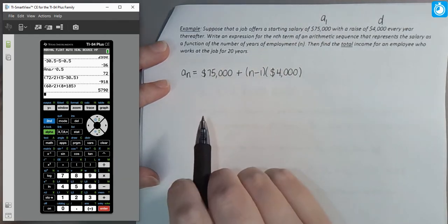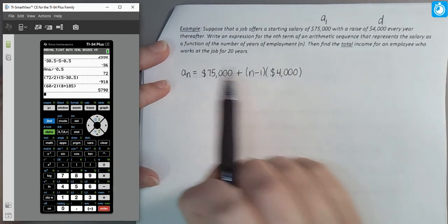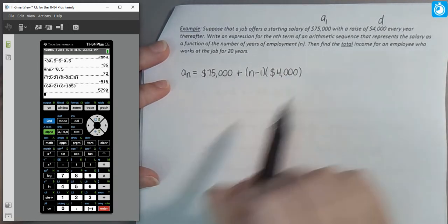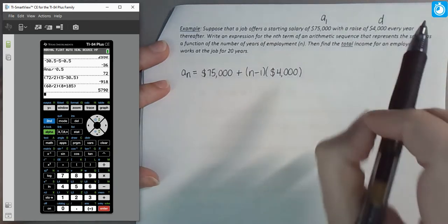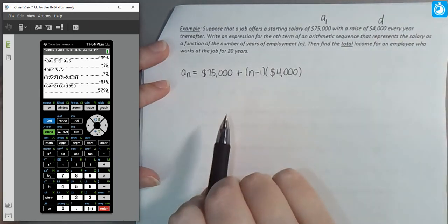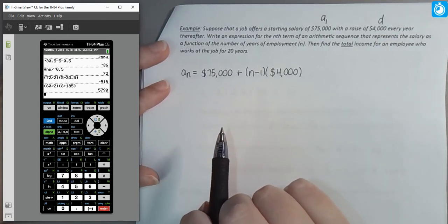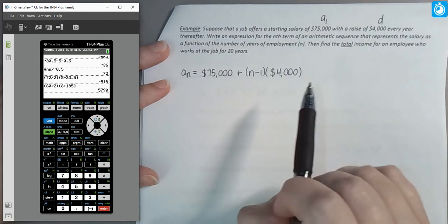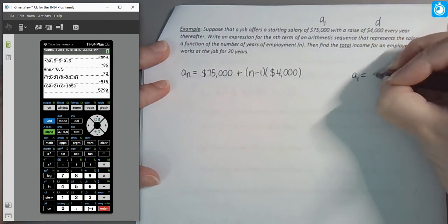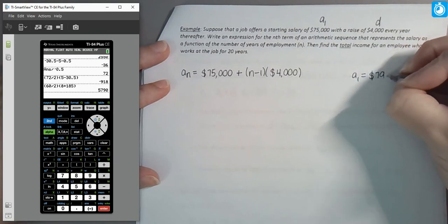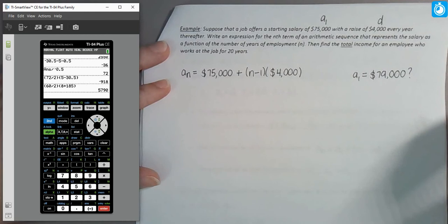Now there's slightly different ways to interpret this kind of problem. If we're thinking of n as the number of years that have elapsed, well, if we start with 75,000, then when 1 year elapses, we would add on 4 and we would get to 79,000. So we could also interpret this problem with a different value of a sub 1. Potentially we could think of a sub 1 as being equal to 79,000, what we get after the first year.